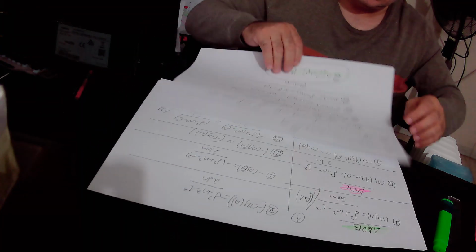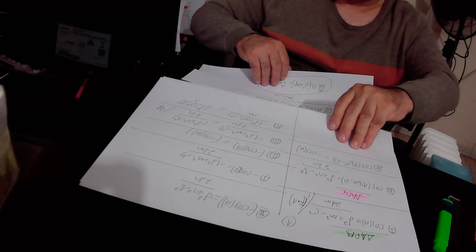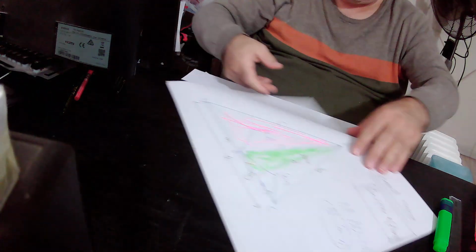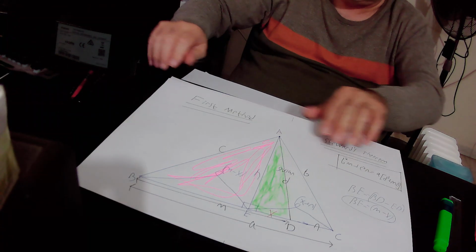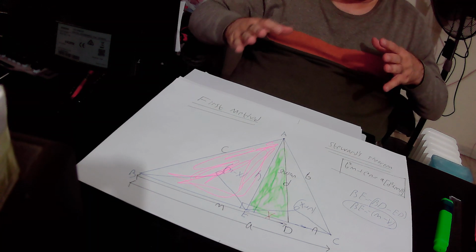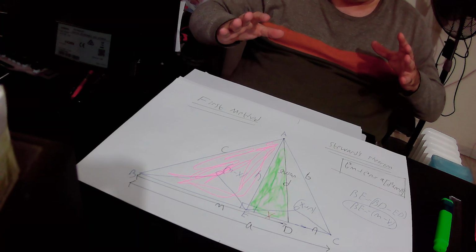In the next step, I'll summarize the lecture. We start with the first method. So, in this lecture, we proved Stewart's theorem in two different methods.